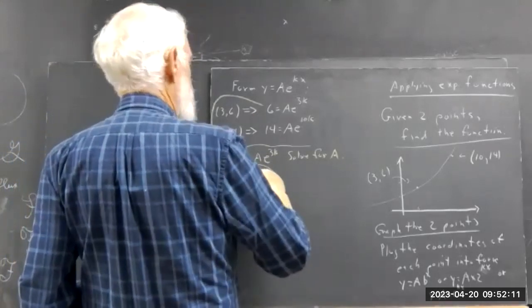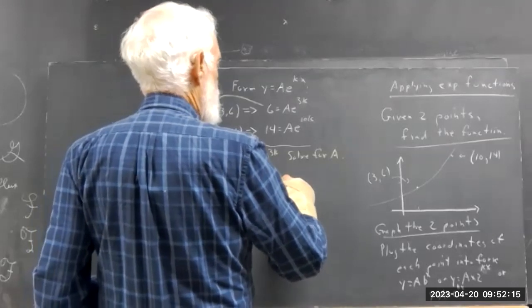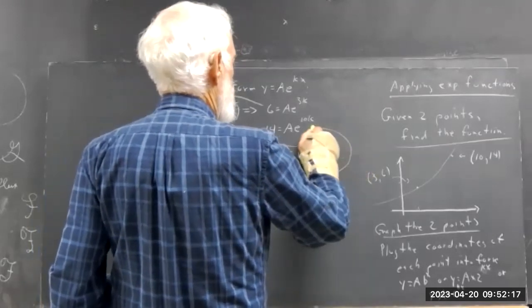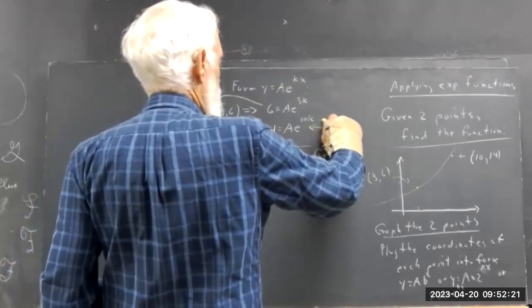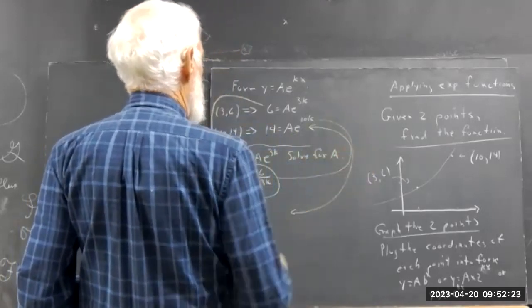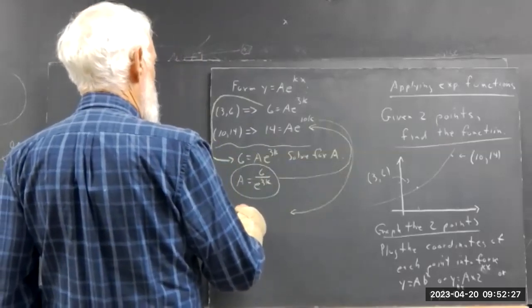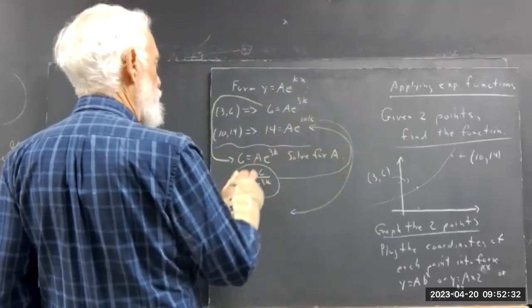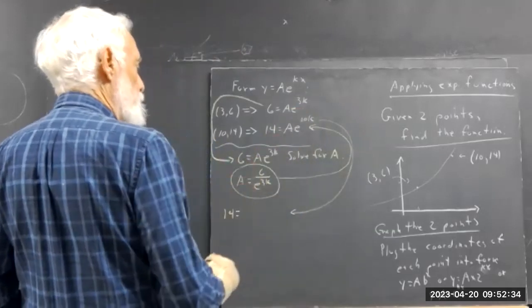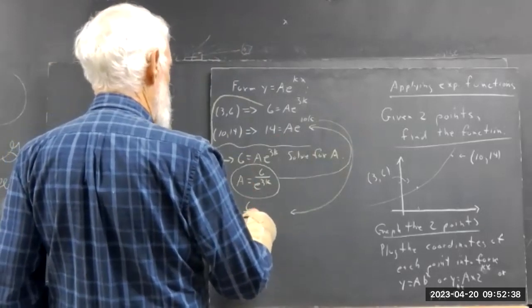Anyhow, we get this. Okay, so we take this and we plug it in here, which gives us 14 equals a e to the 10k, but we've seen that a could be written as 6 over e to the 3k, so we do 6 over e to the 3k instead of a.